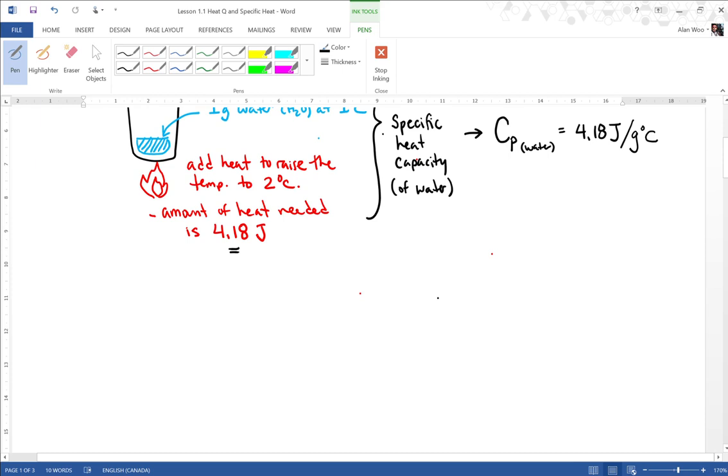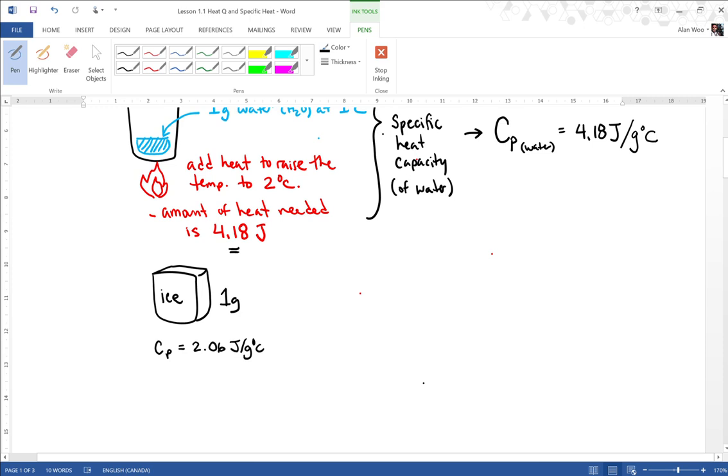So if we had a block of ice, and it too is 1 gram, the specific heat required to raise the temperature of 1 gram of ice by 1 degree Celsius is 2.06 joules per gram degree Celsius.